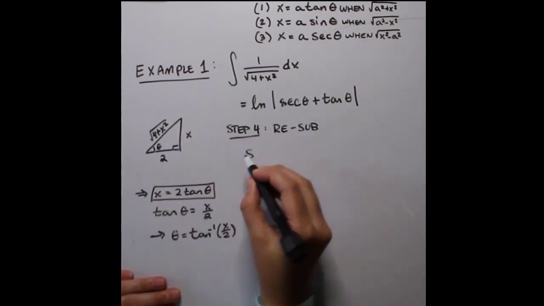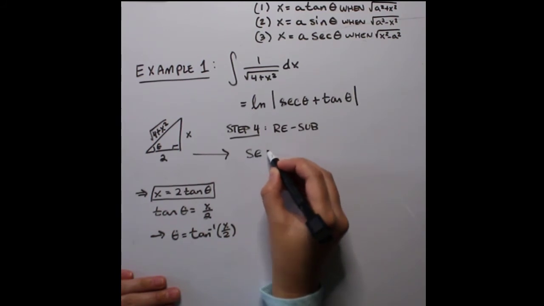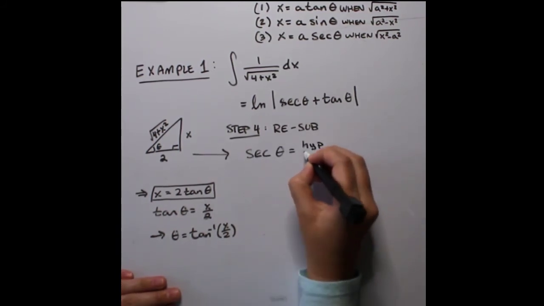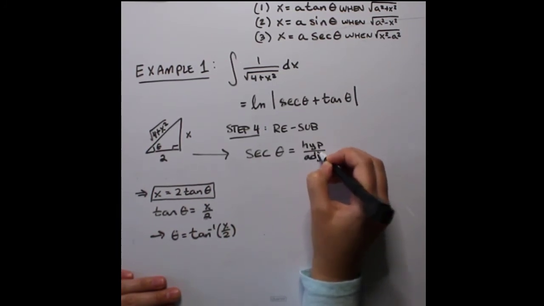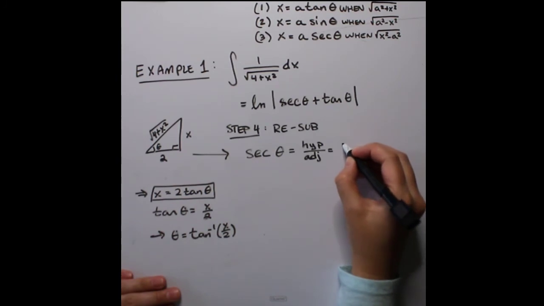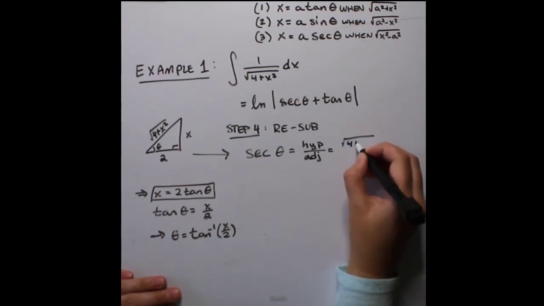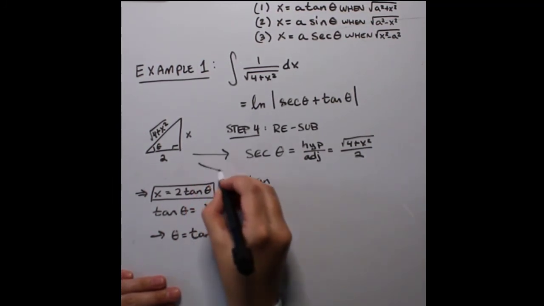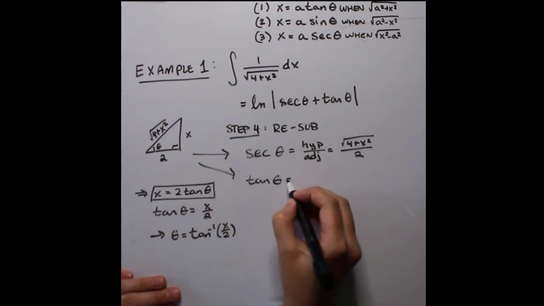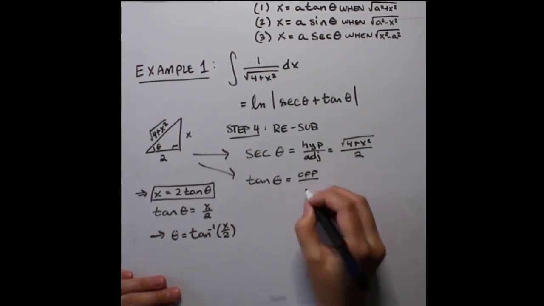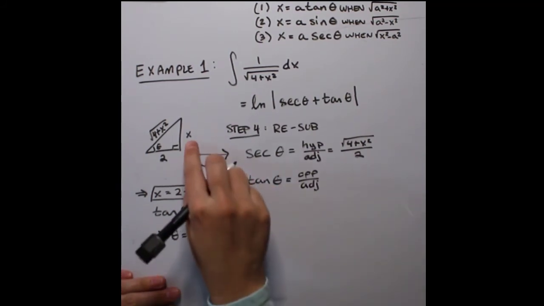So from this triangle right here, we know that secant of this angle, in case you forgot, hypotenuse over adjacent is the definition of the secant of theta. So in that case, it's square root 4 plus x squared over 2. Very similar, from this triangle we know that tangent of theta, which for our triangle is opposite over adjacent, is x over 2.